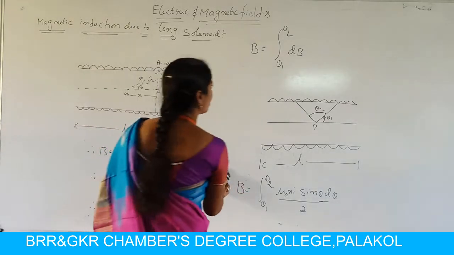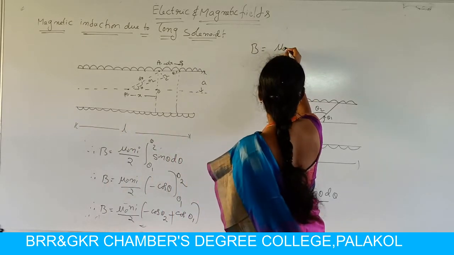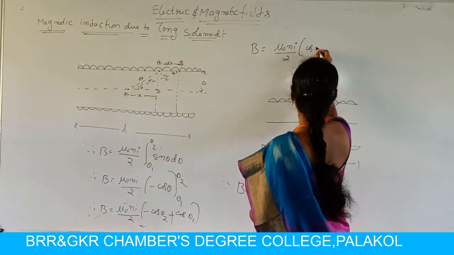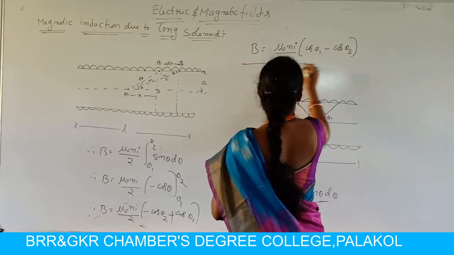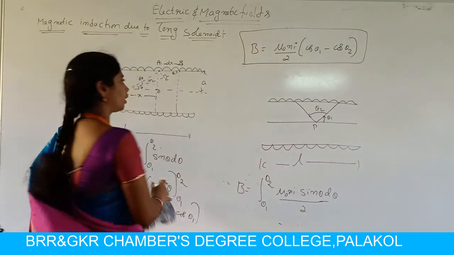Here the value of B becomes mu naught ni by 2 into cos theta 1 minus cos theta 2, which is the magnetic field induction for this long solenoid.